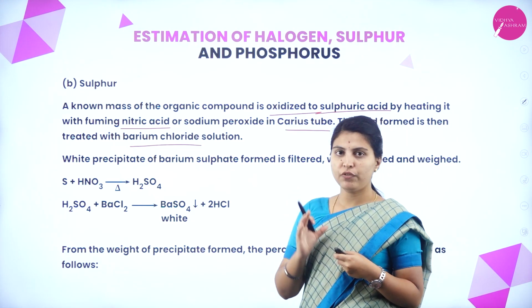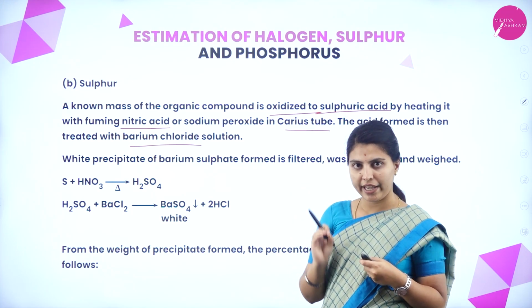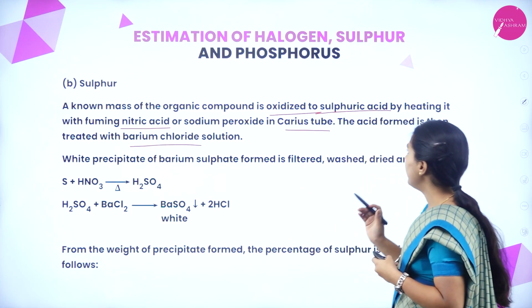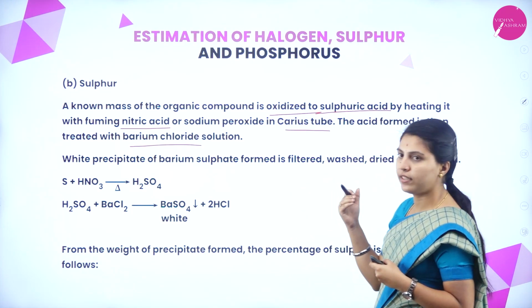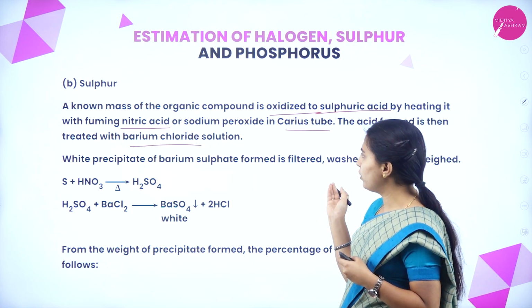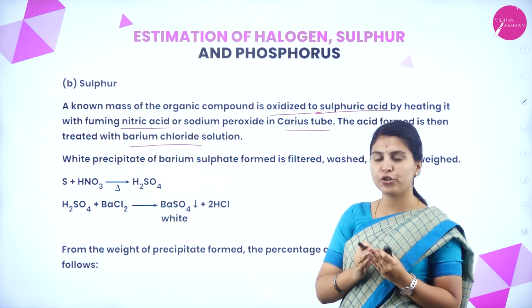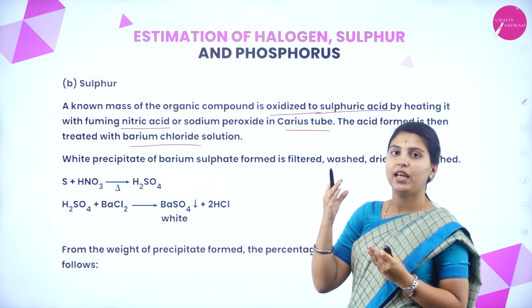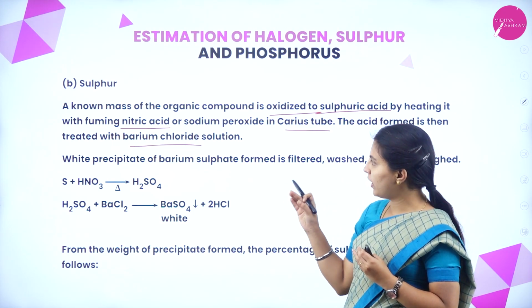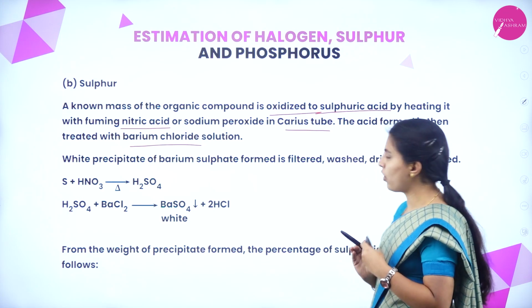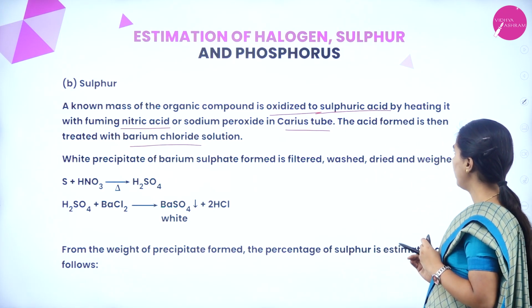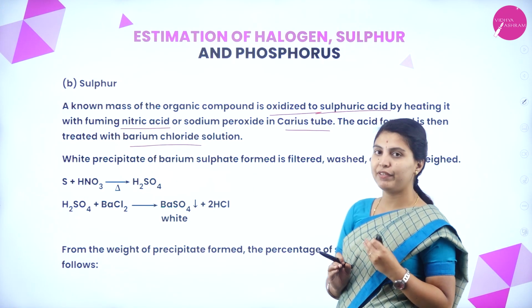Here a known mass of organic compound is taken in the Carius tube and it has been oxidized to sulfuric acid by using nitric acid. The organic compound should be oxidized to sulfuric acid. For that, nitric acid should be used, or sodium peroxide can also be used. The acid formed is then treated with barium chloride.